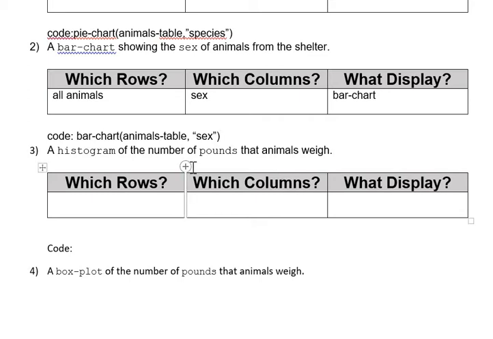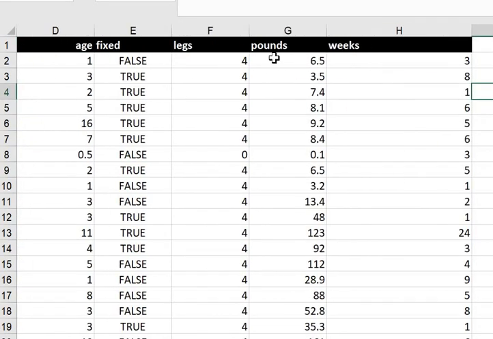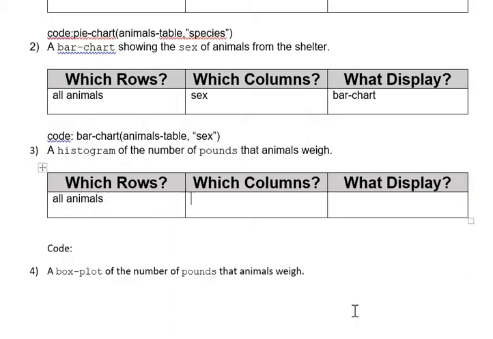All right, let's do a histogram of the number of pounds that animals weigh. Again, all animals, all rows. Which column? Go back to my data sheet, and I see that there's a pounds column, so I'm going to use that column. And my data display is a histogram.